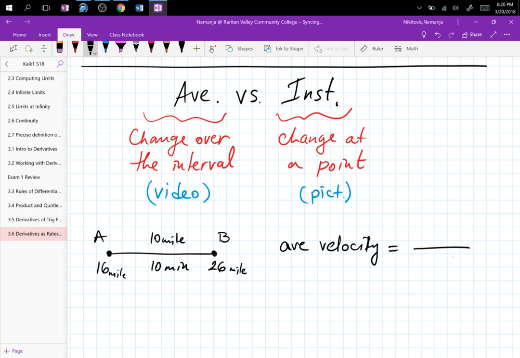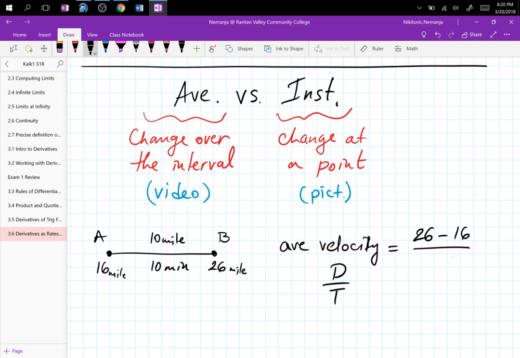So you have the distance, right? We know that the velocity is distance over time. So the distance is 26 miles minus the 16 miles, and that's the distance that you're covering.